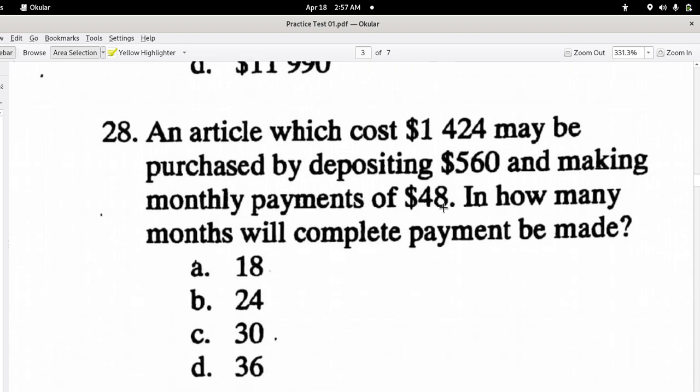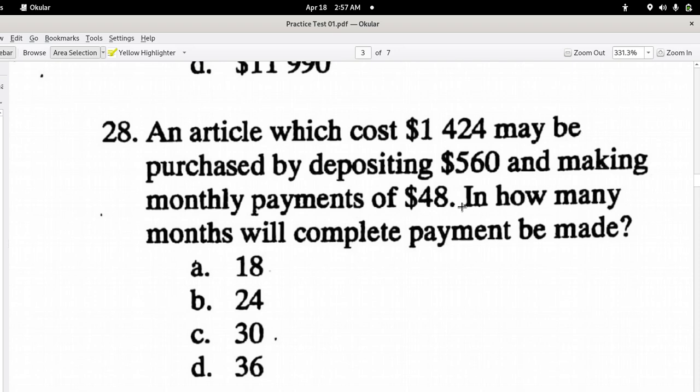An article which costs $1,424 may be purchased by depositing $560 and making monthly deposit of $48. In how many months will complete payment be made? Now you deposit $560, so you remove that from $1,424. That's what you have left, and then you make 48 payments per month.